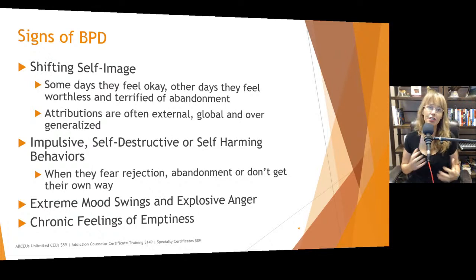And sometimes when you're in a relationship with a person with BPD, you may erroneously start taking responsibility for it, thinking, if I wouldn't have done this, then they wouldn't have done that. And it's important to recognize your part in whatever's going on and the fact that they are adults and they are responsible, whether they want to accept it or not, for their own behaviors.